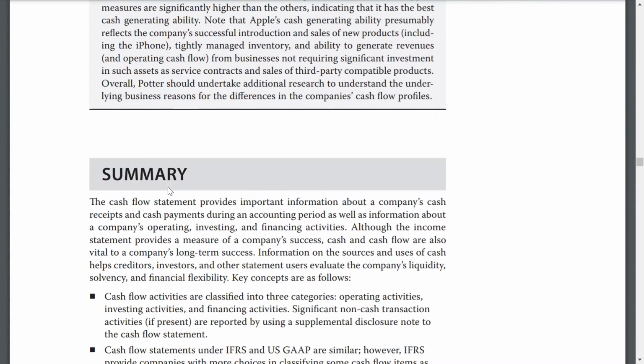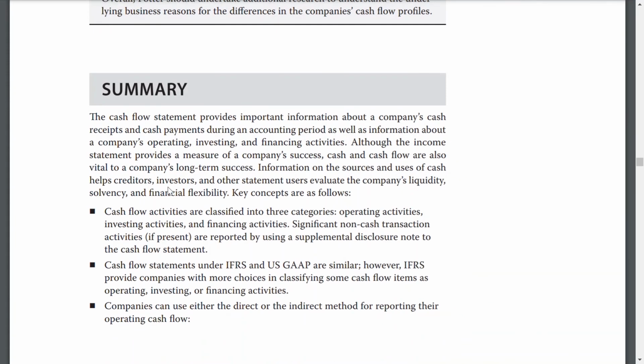Summary. The cash flow statement provides important information about a company's cash receipts and cash payments during the accounting period, as well as information about a company's operating, investing, and financing activities. Although the income statement provides a measure of a company's success, cash and cash flows are also vital to a company's long-term success.